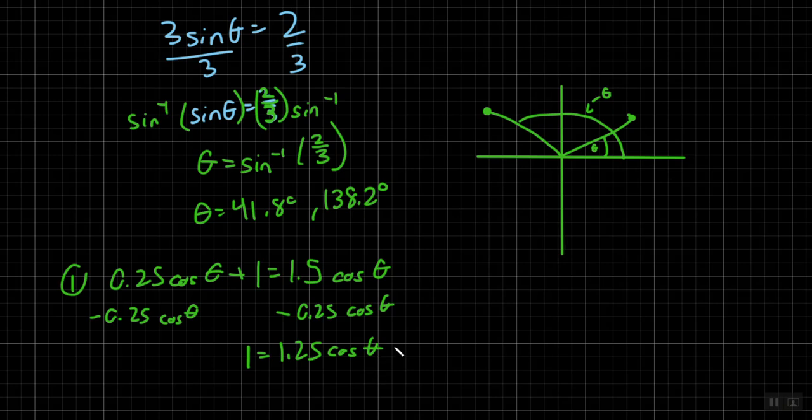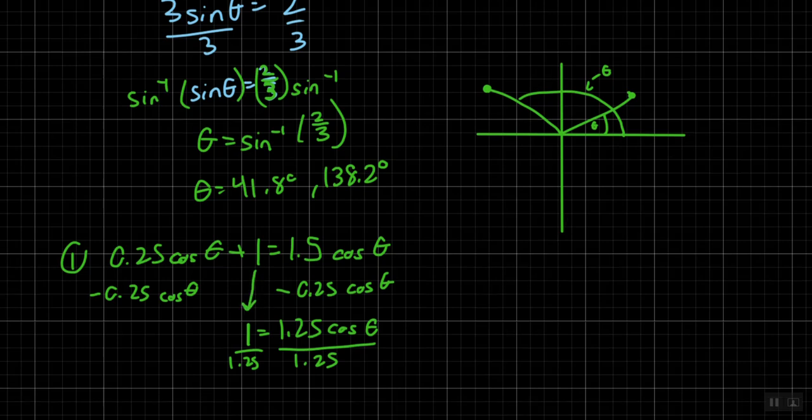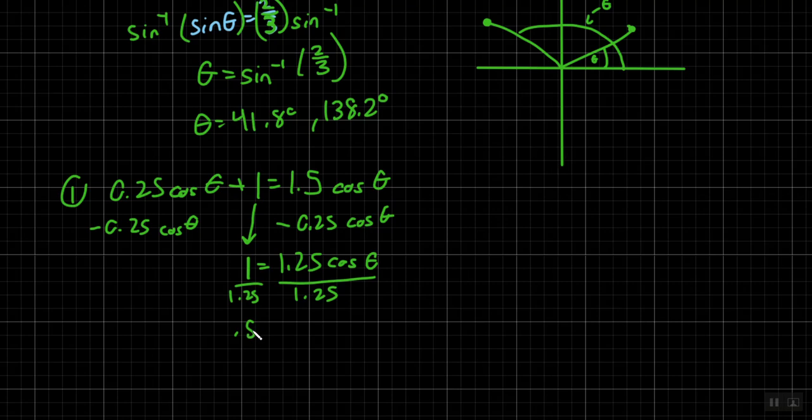What do I do next? Not yet. So close. I want to get cosine by itself first. Then divide by 1.25. 1.25 divided by 1.25, and I'm just carrying this 1 down. 0.8 equals cosine of theta.